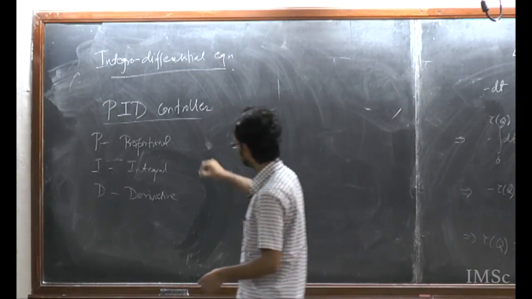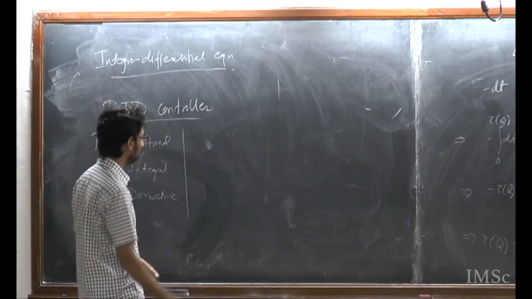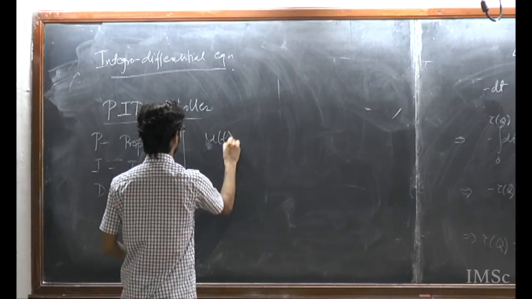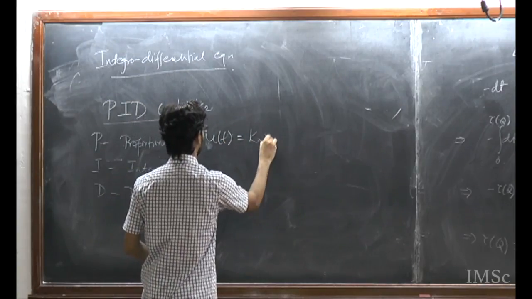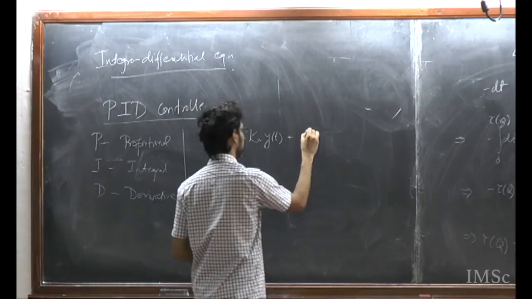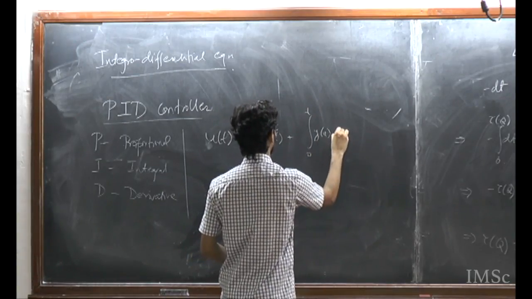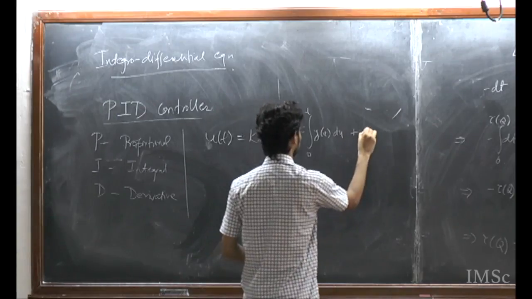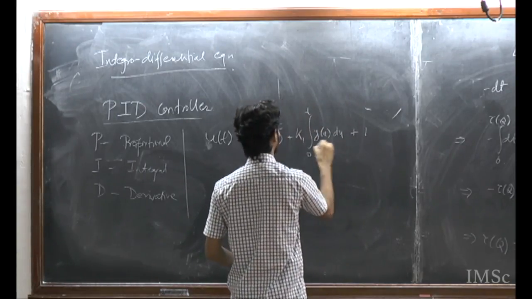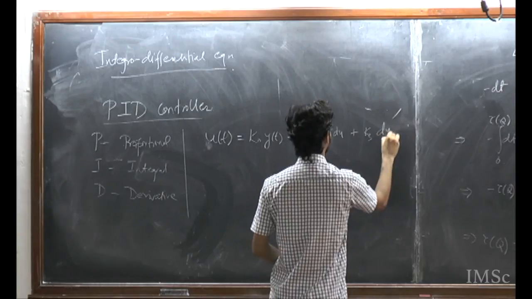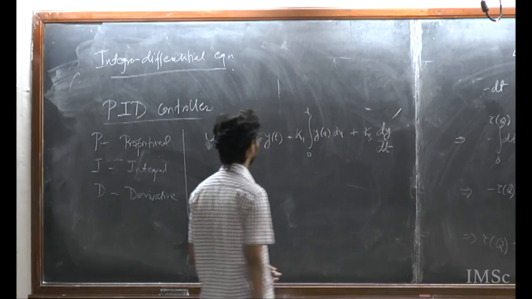What is the equation? I just give the equation, okay? This is u(t) equals k0 y(t) plus k1 integral from 0 to t of y(u) du plus k2 dy/dt.